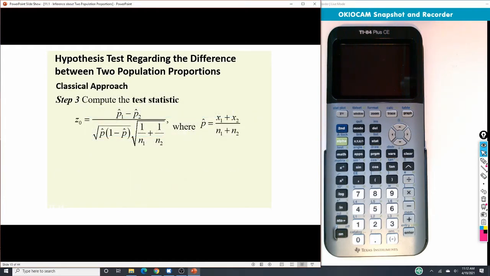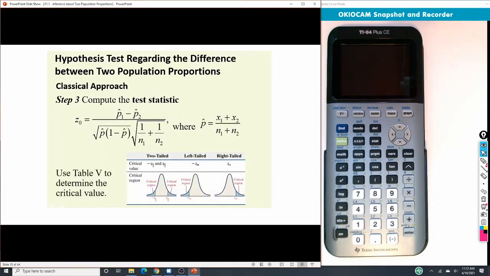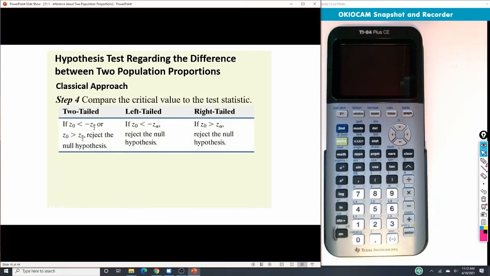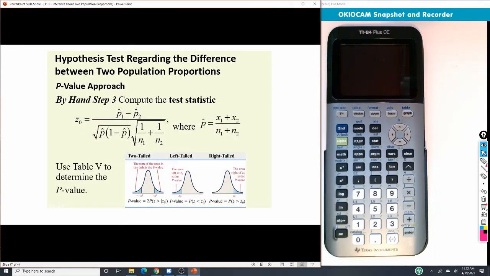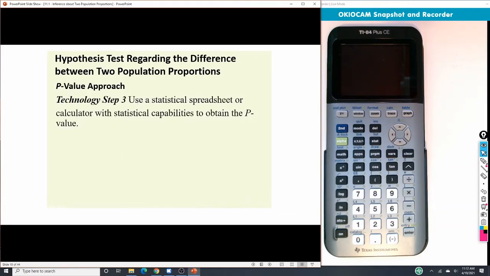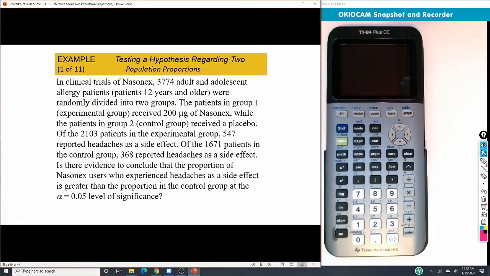We have our classical approach: we can look at our z sub 0 and compare that to our z sub alpha. And then we can also look at our p-value and see if our p-value is less than alpha as well.